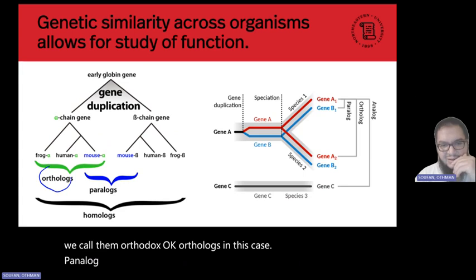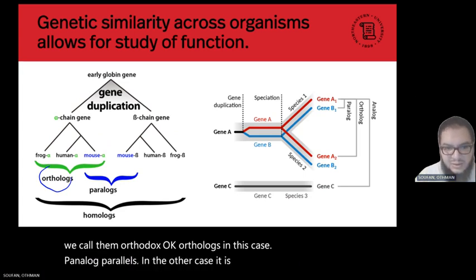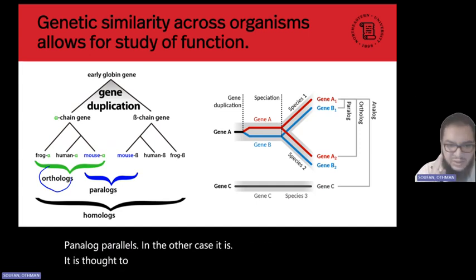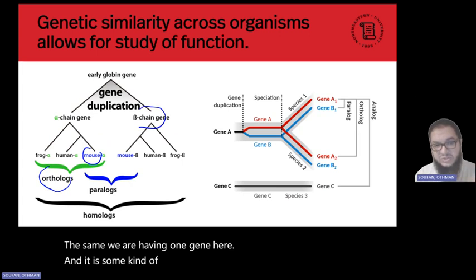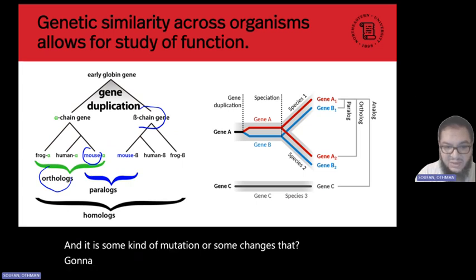Paralogs, in the other case, are viewed to be the same. We have one gene here, and some kind of mutation or changes happen, but it is still the same type of gene with some change.